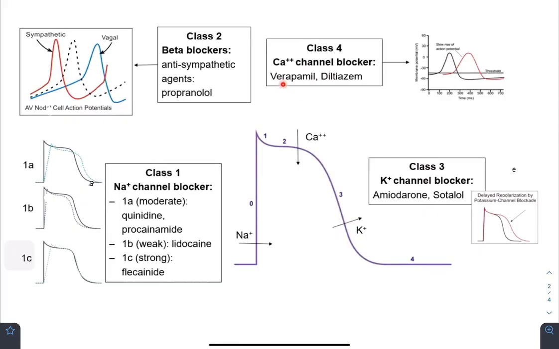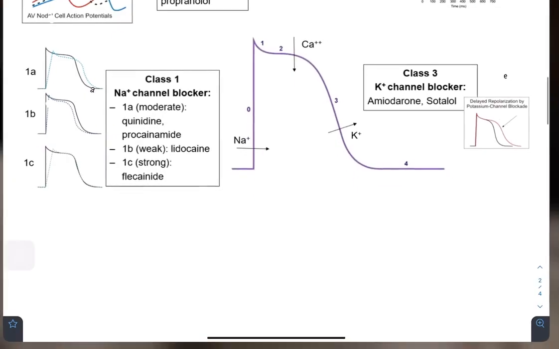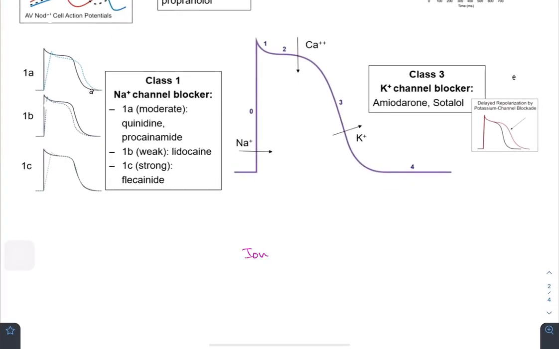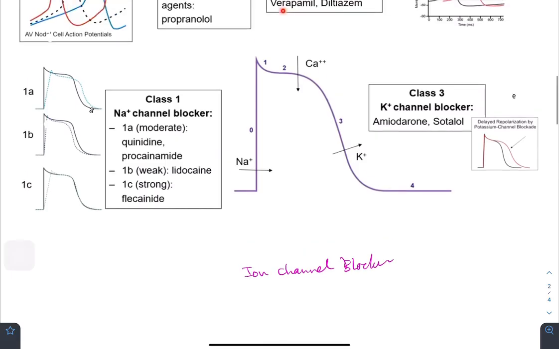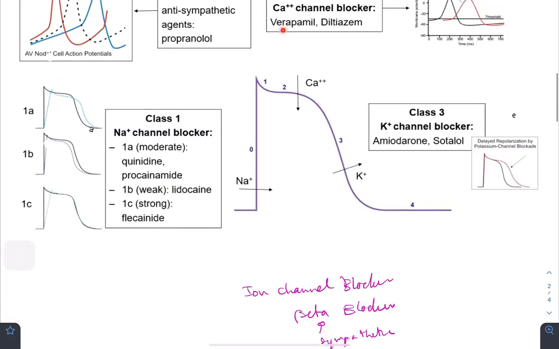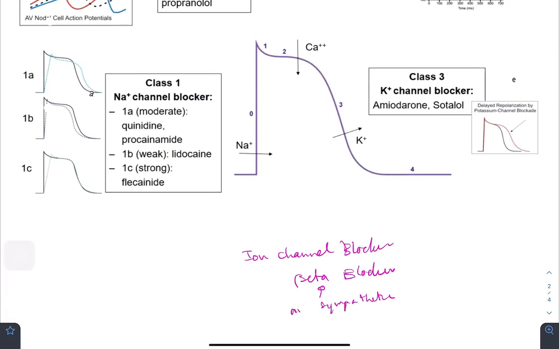So, in class 1, before we begin, I remind you all the class drugs for anti-arrhythmia are actually what I call ion channel blockers, except for one, which is a beta blocker. Beta is from sympathetic, so it's blocking the sympathetic nervous system. So you can simply call it an anti-sympathetic agent.